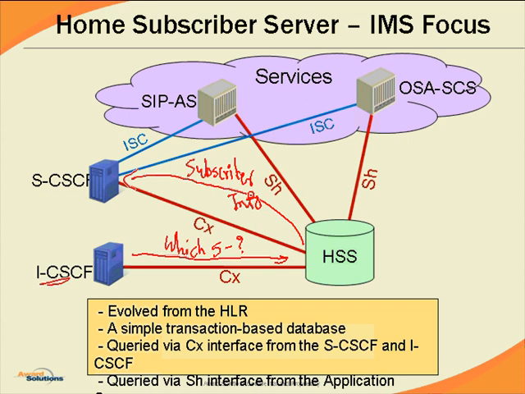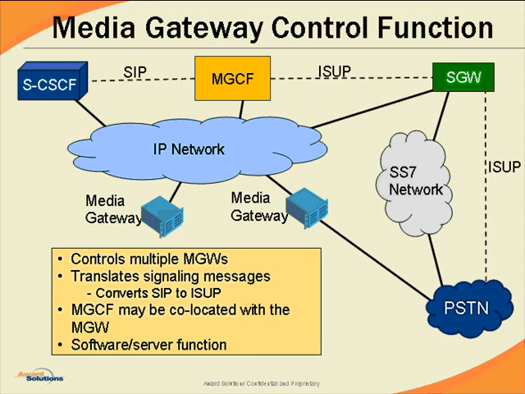The application server can also talk to the HSS to figure out the UE's capabilities. So those are some extra functions that the HSS has to perform by supporting those various interfaces. But again, it's a database containing subscriber information.